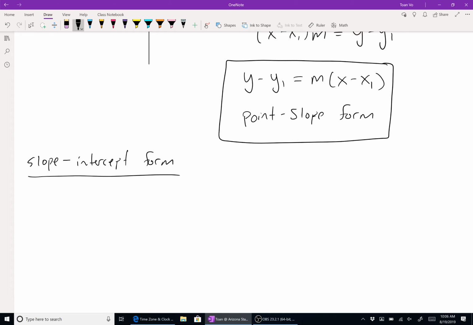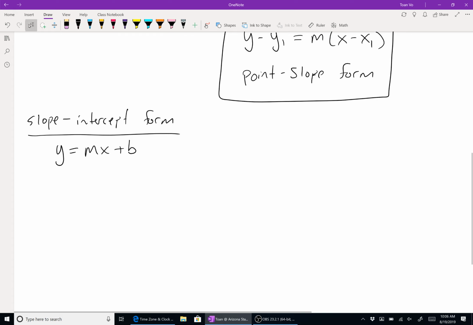It's the classic formula you see on TV and movies. What is the equation of a line in slope-intercept form? Well, that's the y equals mx plus b form, where m, again, is the slope, and b is the y-intercept.